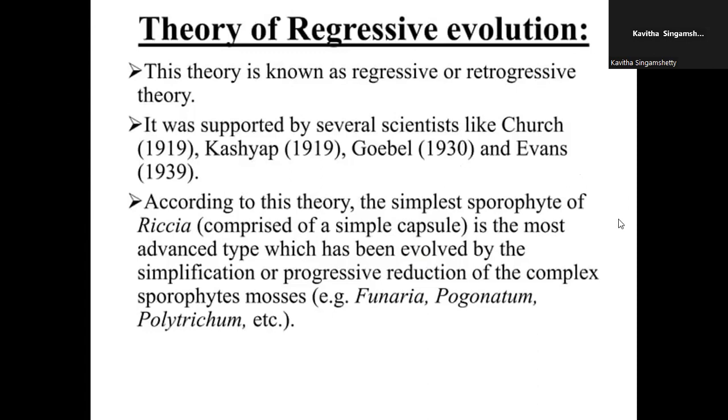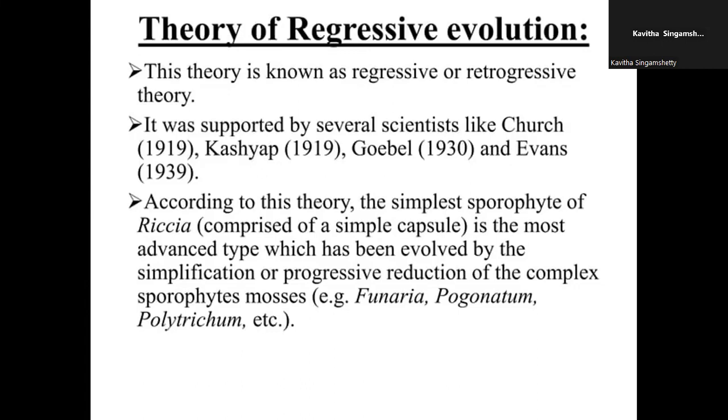So what is this theory? Regressive evolution, what does it mean? It is the opposite of the first view. In the first view, I told you that in the primitive forms there is a large amount of fertile tissue, and in the higher advanced or complex forms this fertile tissue decreases. Or in other words, more sterile tissue increases.